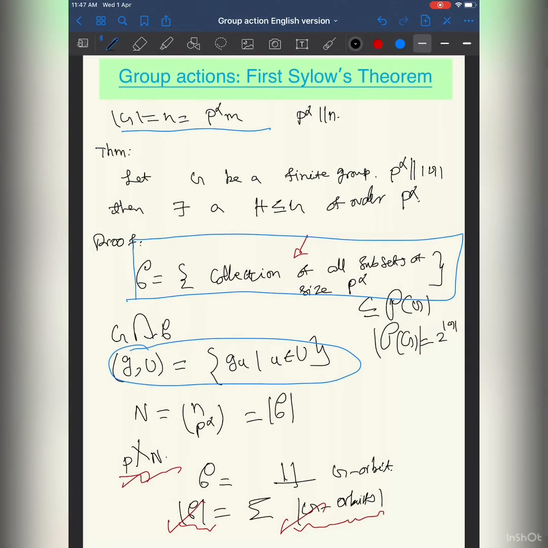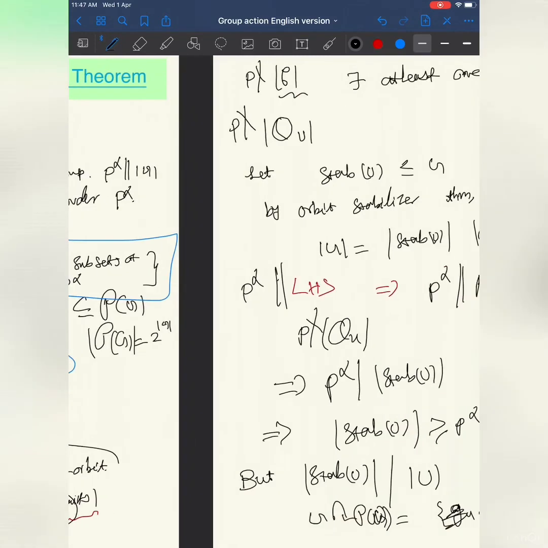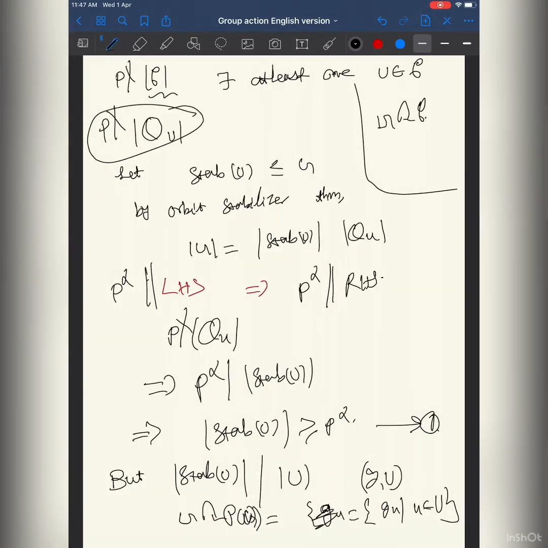So this is invariant. Then in the preparation video we proved that the size of the collection is not divisible by p, hence there exists at least one orbit not divisible by p, and so on, one by one.